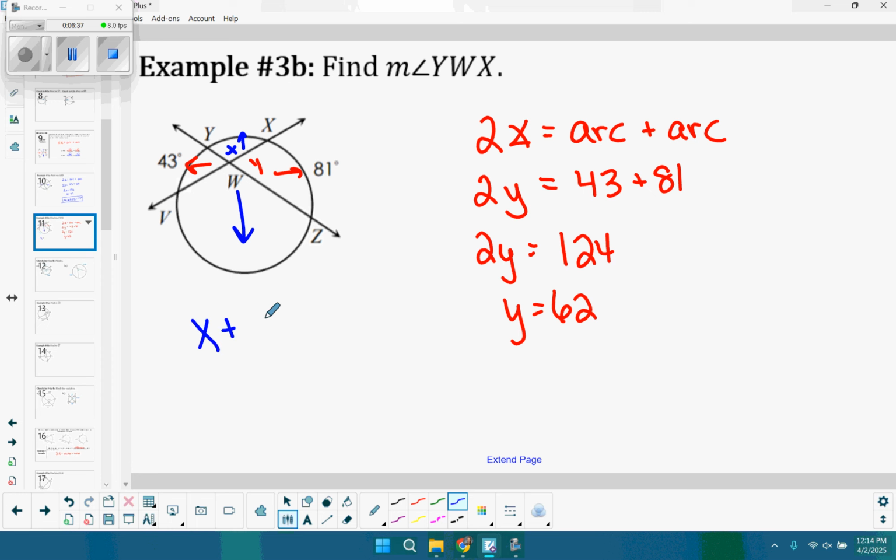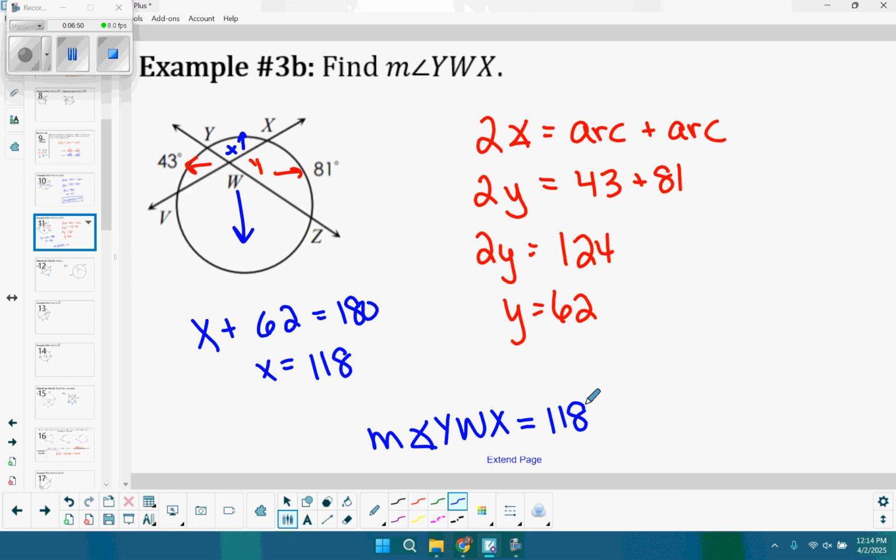So X plus 62 is equal to 180. I would get 118. So the measure of angle YWX equals 118 degrees.